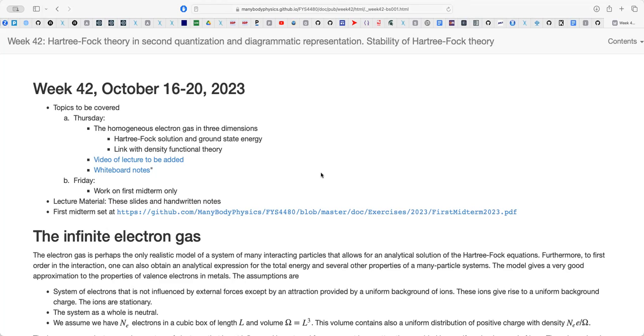Since you have the Hartree-Fock results, you can perform a Hartree-Fock simulation, then increase the number of particles and see if you recover the infinite limit result. So today we're actually going to obtain what we will call the thermodynamical limit for the energy.